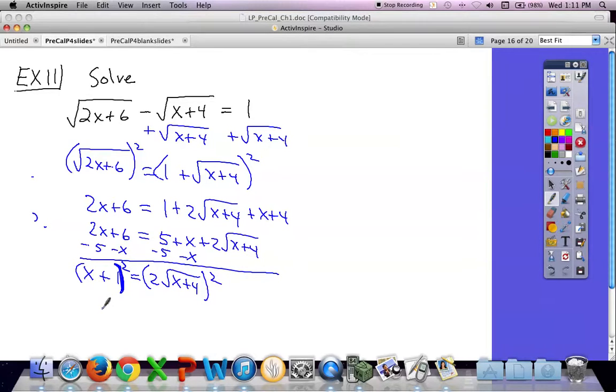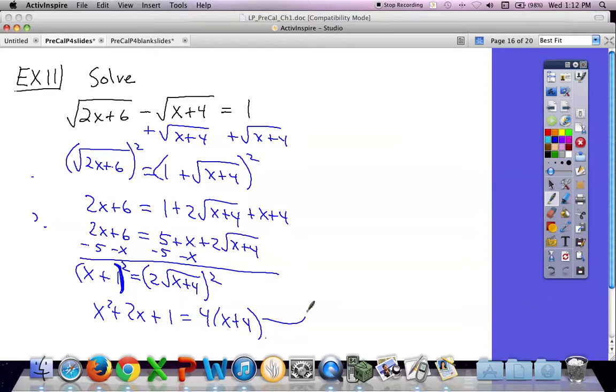So that is x squared plus 2x plus 1 equals 4 times x plus 4. So it squares the 2, but that's not a problem. It's better than squaring 1/2 on the other side.